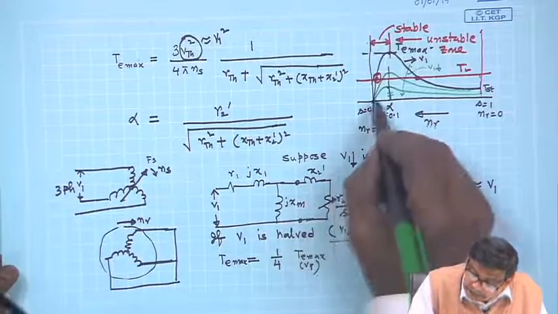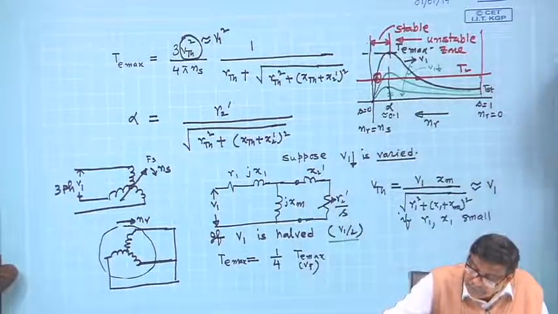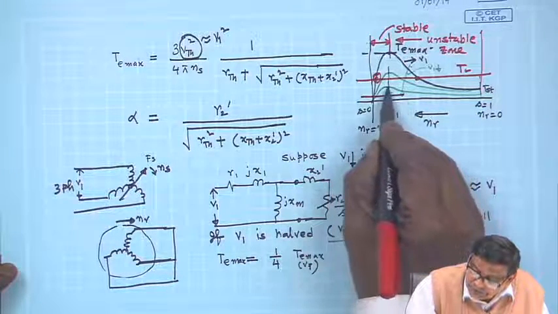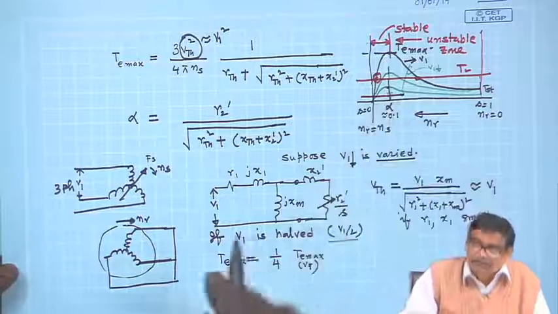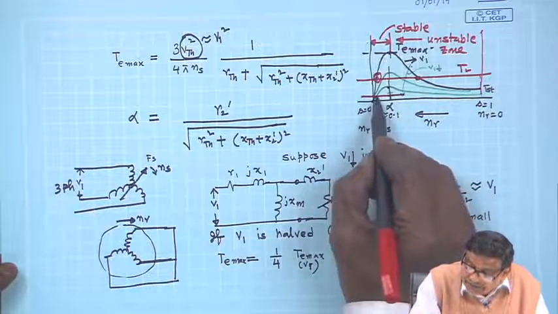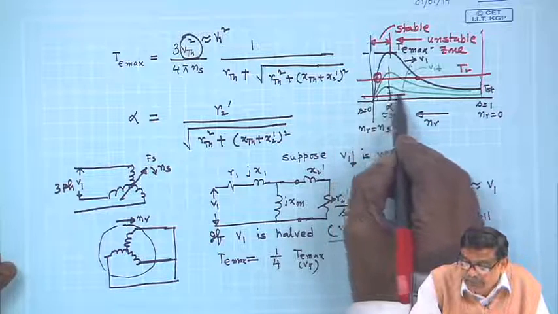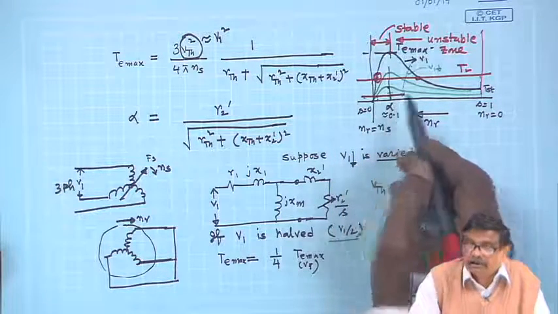Therefore, with applied voltage less, you can supply a load torque which should be below this T max, and half of this. So, the operating slip here will be like this, and the full load torque may be drastically reduced.